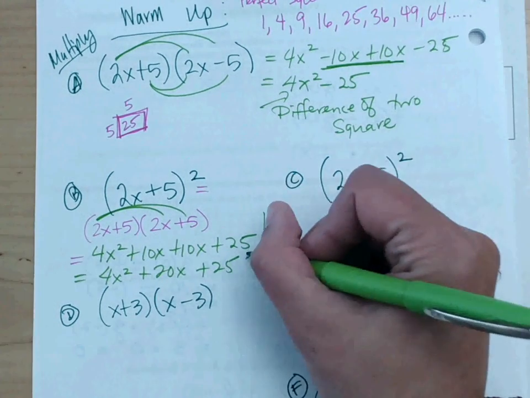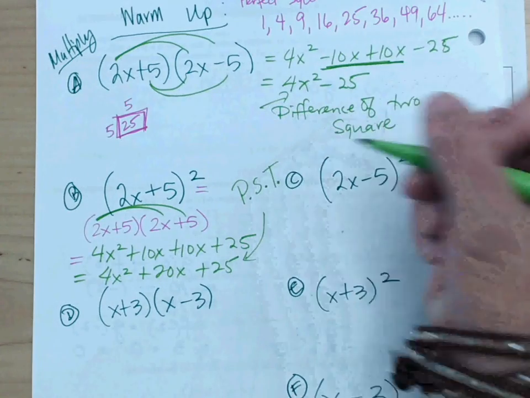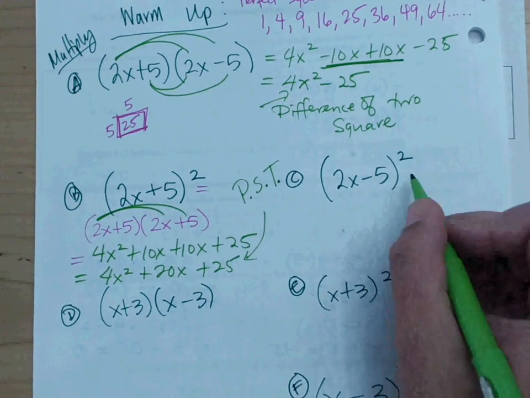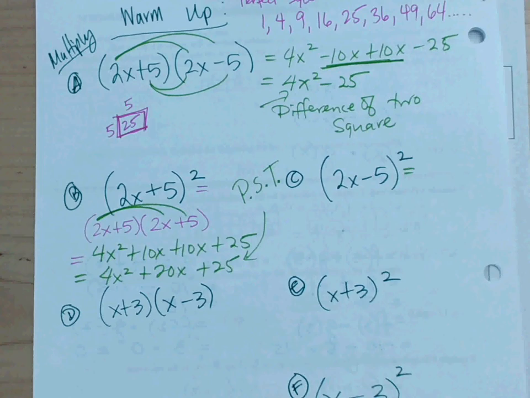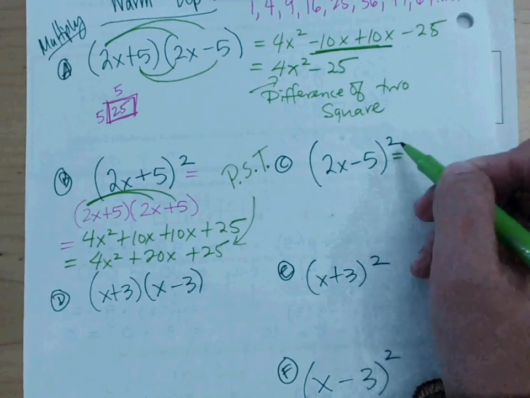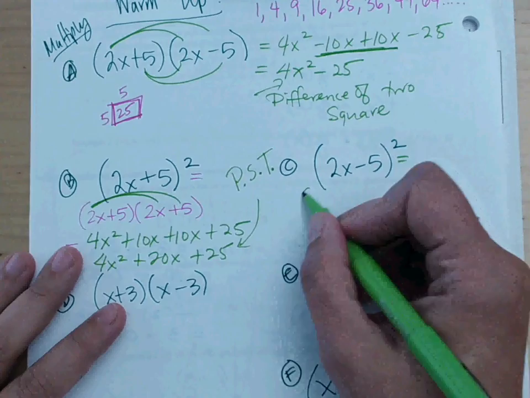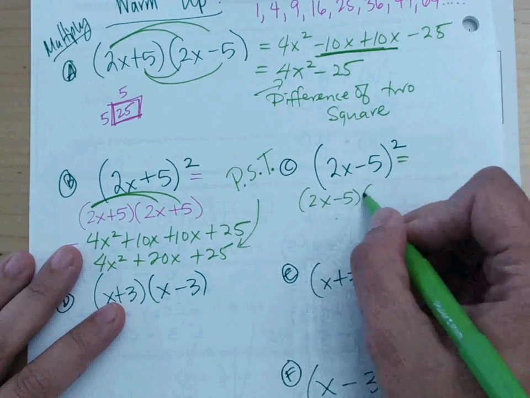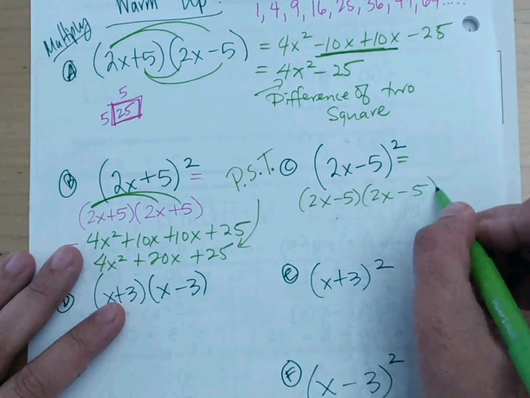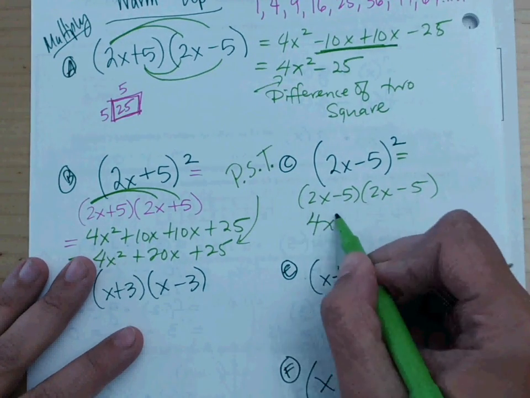What we call this is a perfect square trinomial. If I square a binomial, I always have to remember to multiply it by itself. Squaring something means I multiply it by itself. So I have 2x minus 5 times 2x minus 5. What do I get there? 4x squared.